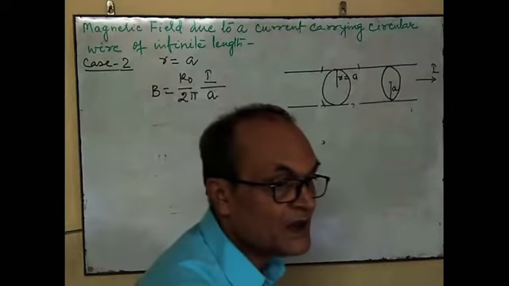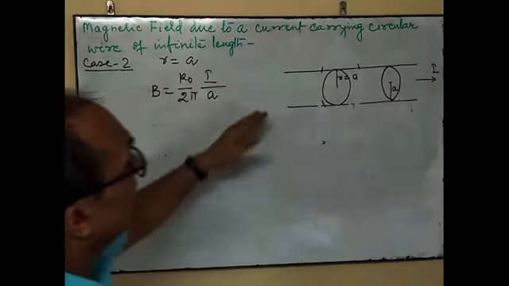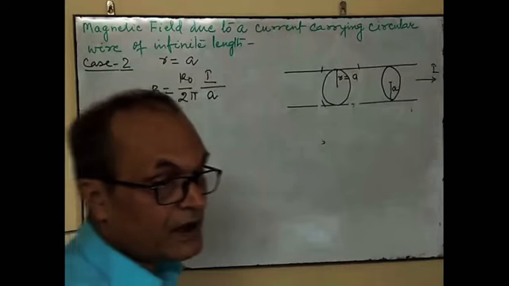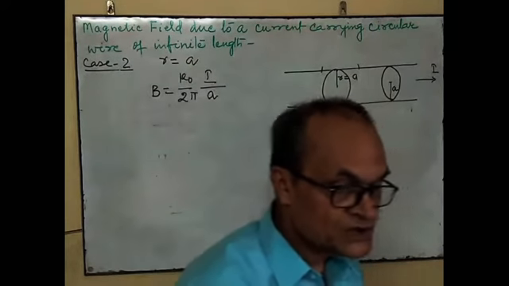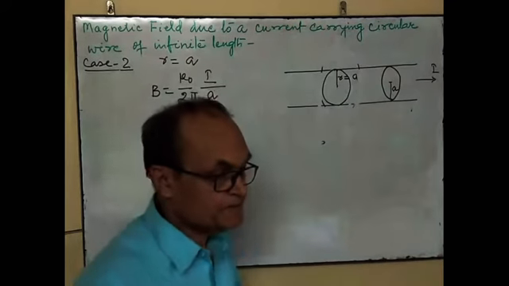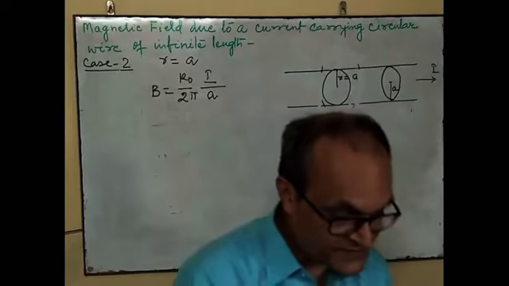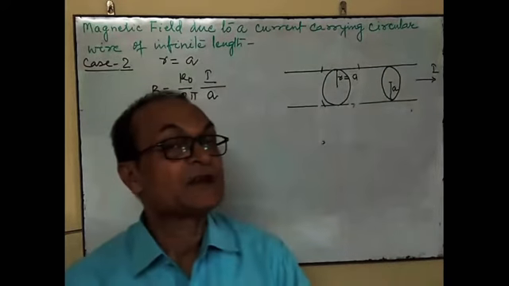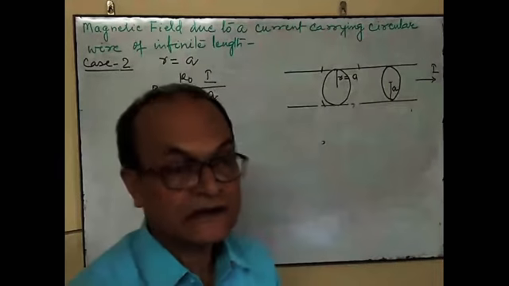Now again we are going to consider inside the wire. Inside the wire there may be two cases. First of all, we know very well from electrostatics that charges are on the surface and current flows through the surface of the conductor.